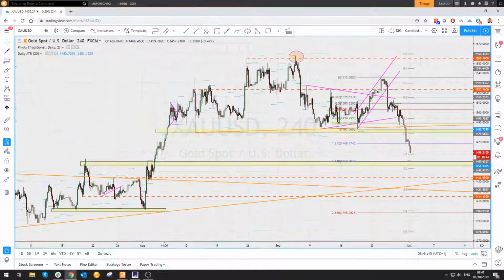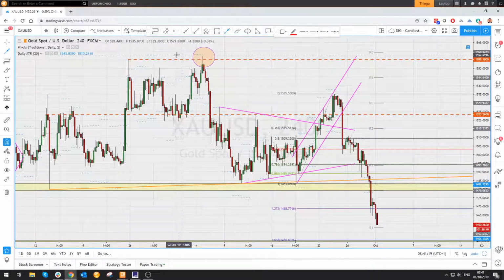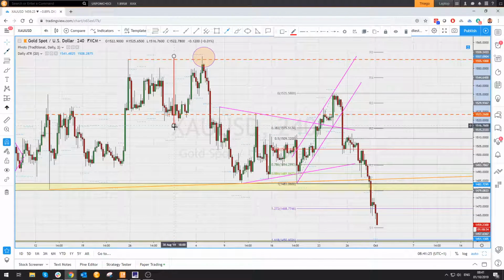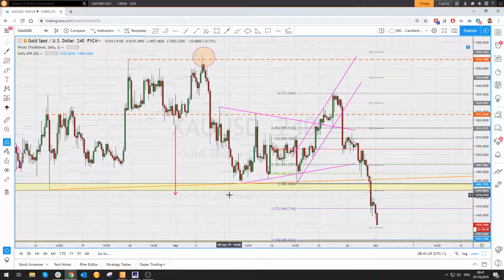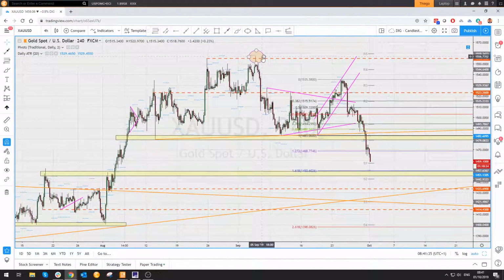Another thing, I saw some people calling this as a double top. It is, but I have to say that it's already completed, right? Even if I use the highest point from the double top there, you can see here that it was already completed around 1476. So that's no longer happening.